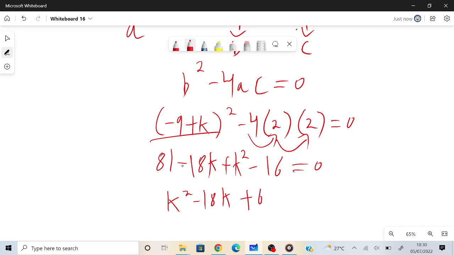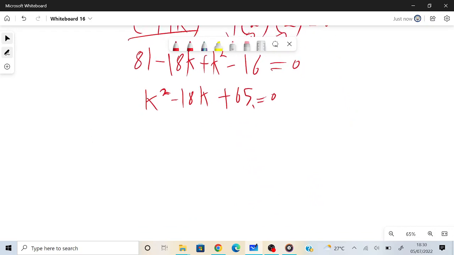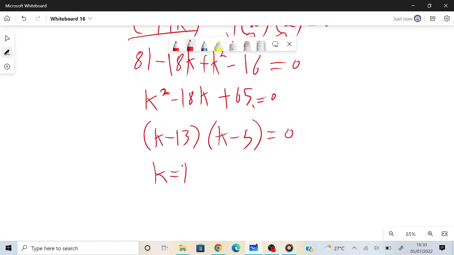Yes, it is, 65. So this is k squared minus 18k plus 65 equals 0. So now again, we solve this. I can factorize this out. I know this is k minus 13 into k minus 5 equals 0. I know that k is either 13 or k is 5.